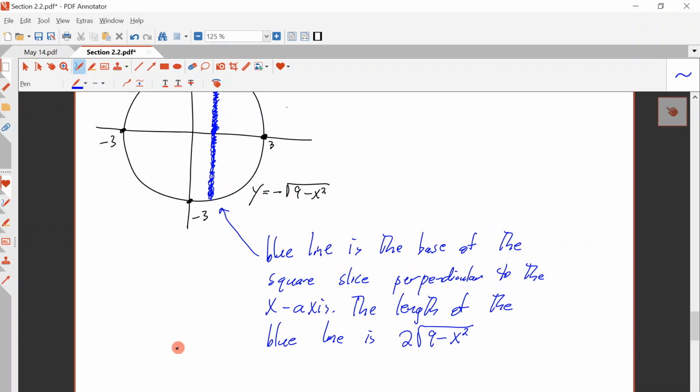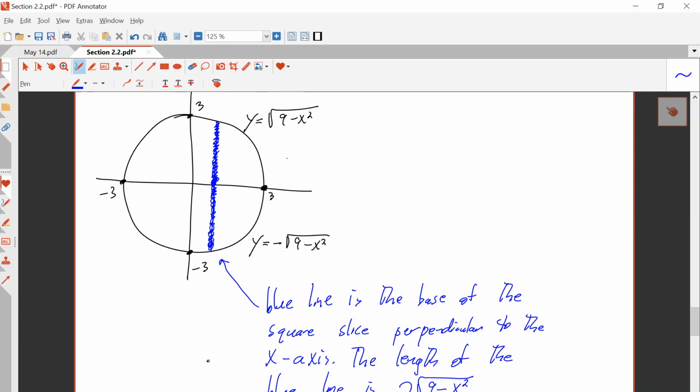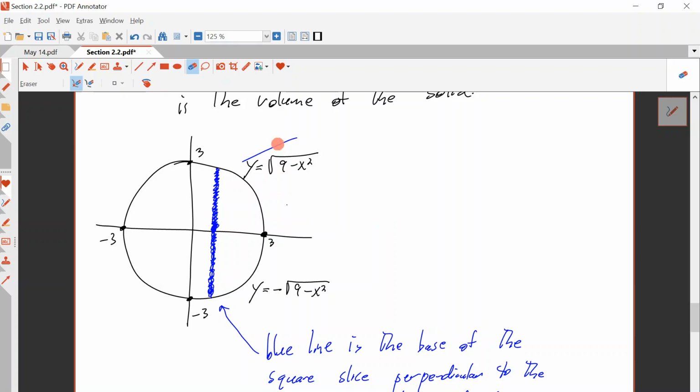So what is the area of the slice? That blue line is one side of the square. So the square is coming out of the paper here. That's the base of the square, and then the rest of the square goes up. I'm not going to draw it because it just looks awkward.